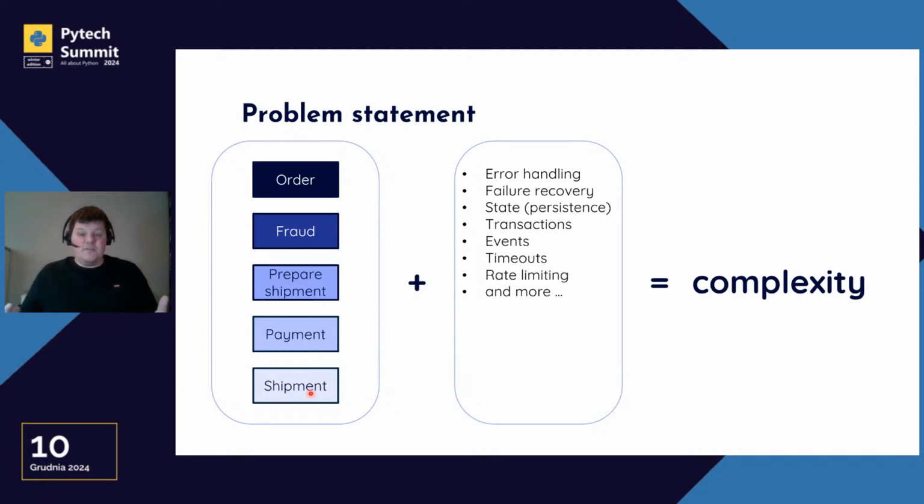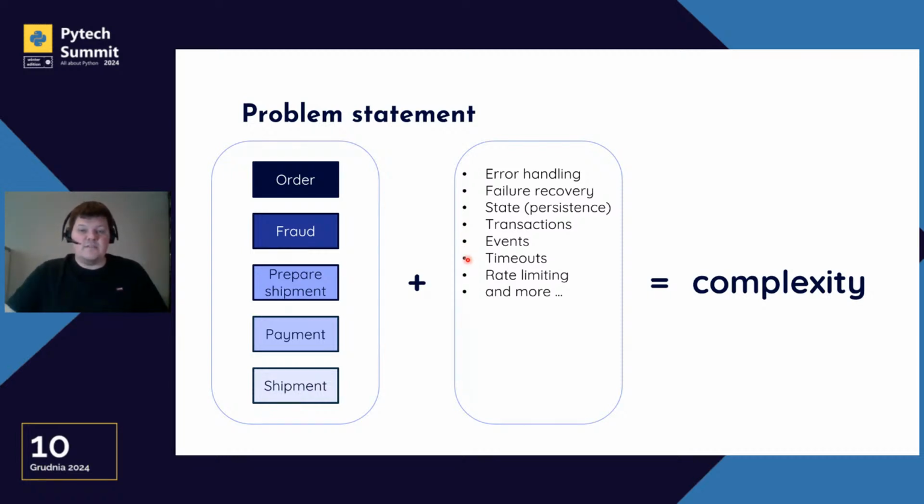However, of course we need to deal with third-party services, for example Stripe for payment. As software engineers, we are responsible for all of these challenges, like error handling and failure recovery. We need to manage state. Probably we will have some database, so we need to deal with transactions. We need to deal with events.